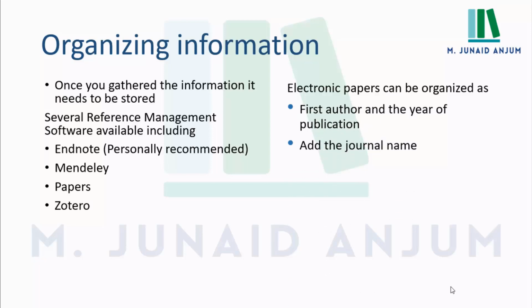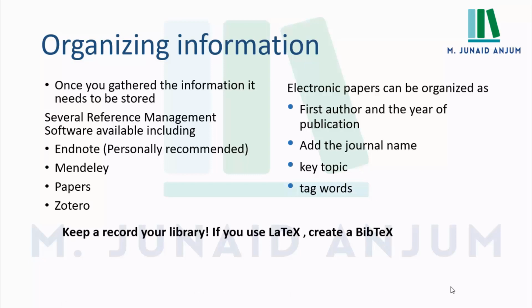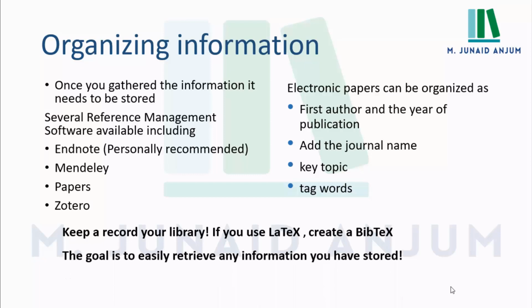You may add the journal name and keep the topic, or add tags to the paper so you can easily find those electronically stored papers. The important thing is you need to keep a record of your library, and if you use LaTeX, you need to create a BibTeX file. The goal is to easily retrieve any information you have stored when you need it.